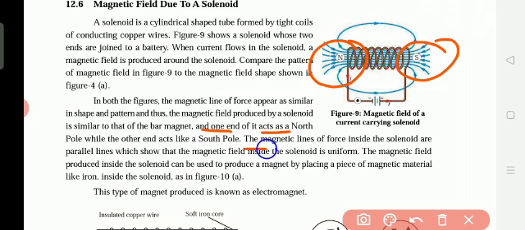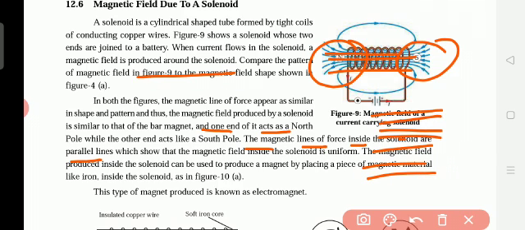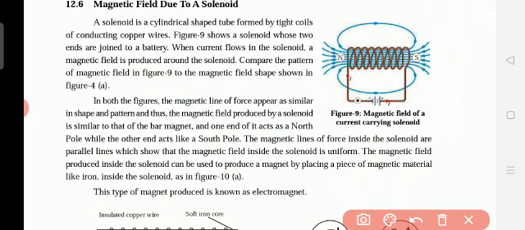The magnetic lines of force inside the solenoid are parallel lines. Each line is parallel to the others, which shows that the magnetic field inside the solenoid is uniform.